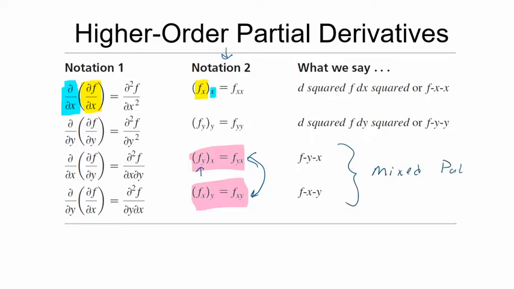So really what we're saying is that if these mixed partial derivatives are continuous on a certain domain, then the answer will come out to be the same. Certainly if you're asked to compute these two things, the order in which you do them matters, but they will be equivalent. Okay, now we're not saying anything about fxx or fyy. We're only talking about fyx and fxy, those mixed partials.